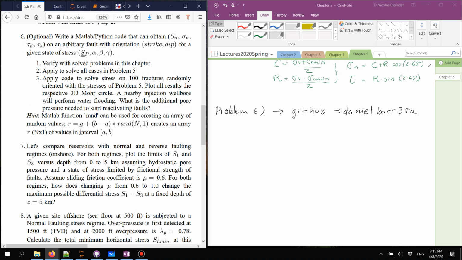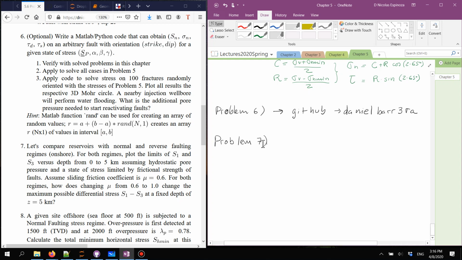All right, so let's talk about problem number 7. It's a problem that involves determining the maximum stress possible at a given site, assuming that I'm at the limit of frictional strength of the faults.